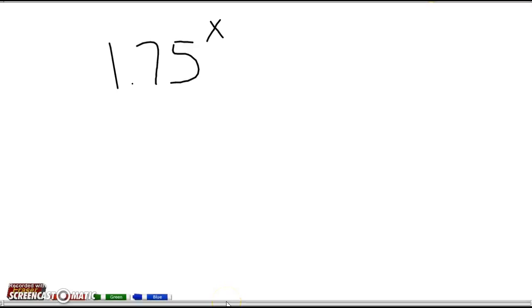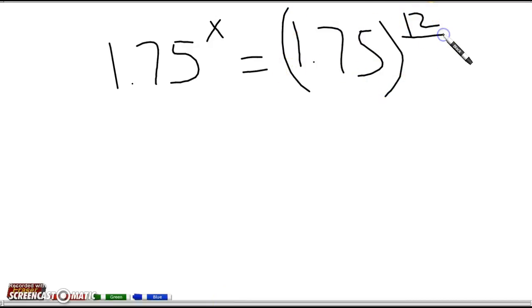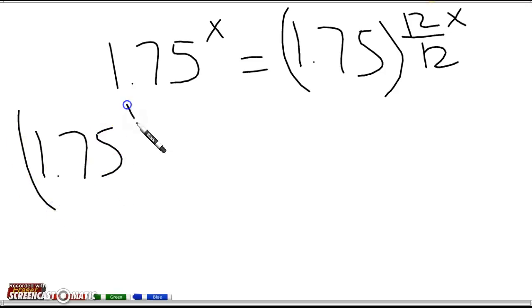So there's 12 months in a year. So I'm going to do 1.75 raised to the 1 over 12 times 12x, because I'm raising it to the 1/12th power.